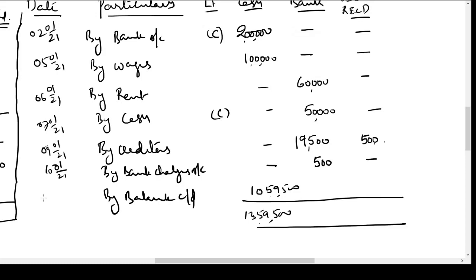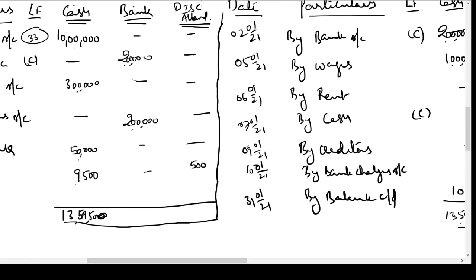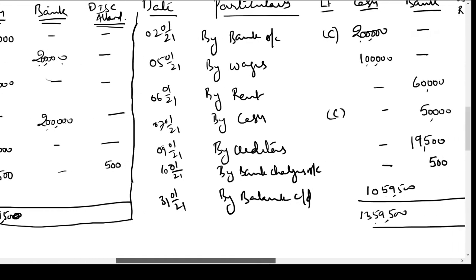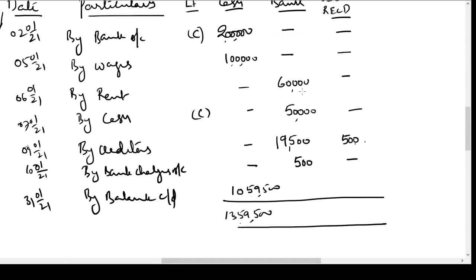Generally the balancing is done on the last day of the month, 31st January 21. Now we have to see how much is there in the bank column. 2 lakhs and 2 lakhs, 4 lakh is on the deposit side, and on the withdrawal side we have 60,000, 50, 110, 129,500, and it is 1,30,000.